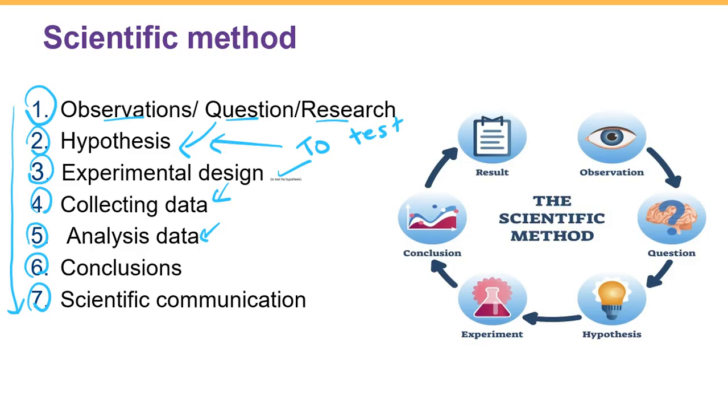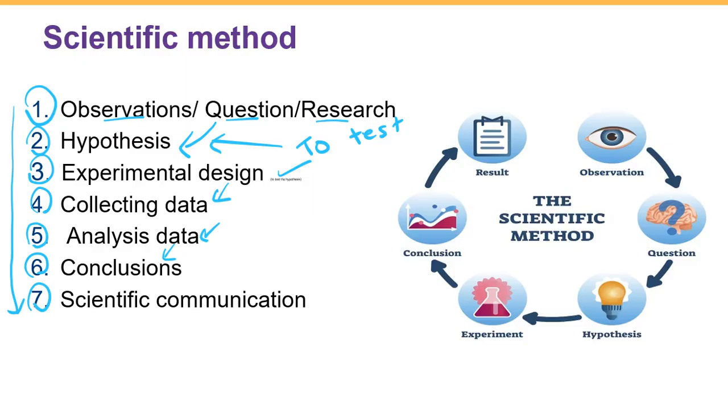Then after analyzing your data and coming up with a result, you're going to do the conclusion. Now you decide what your result means. If your hypothesis was right, which is great. If it was wrong, that is still science. You learn something new. It doesn't mean that your hypothesis should always be correct. Even if you couldn't support your hypothesis, that is a result.